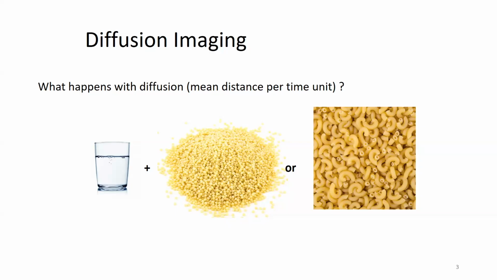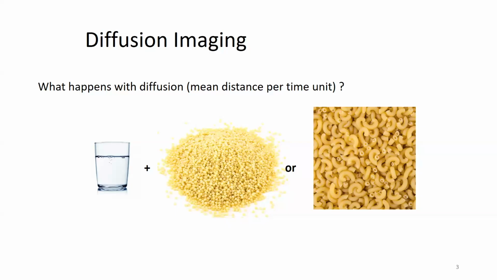It's not about solubility, so it's not about the couscous dissolving. If you just have the water, then the water can go everywhere until it reaches the edge of the glass. Within the water, the molecules can move around freely.